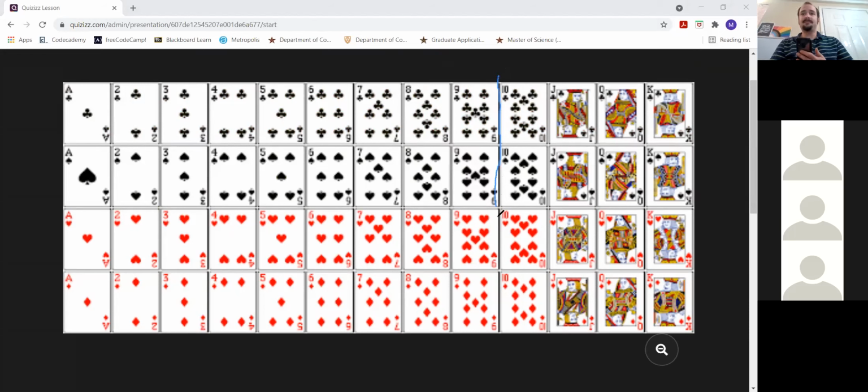Here's my 10s. My set of 10s. The other thing is what? Hearts. So do my 10s and my hearts have an overlap?